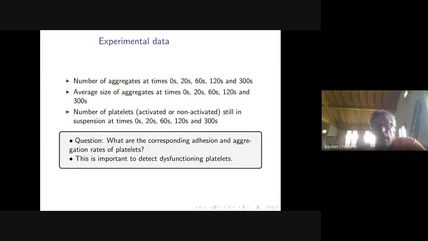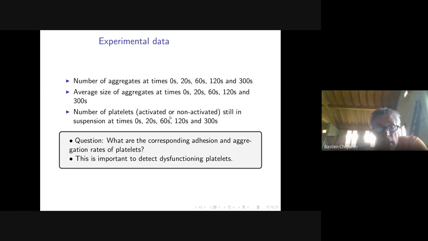Basically, what the experimental data gives you is the number of aggregates you saw on this picture at different times during the evolution. We go up to 5 minutes. You also get the number of aggregates, the number of black dots, and the average size of these aggregates at this time.